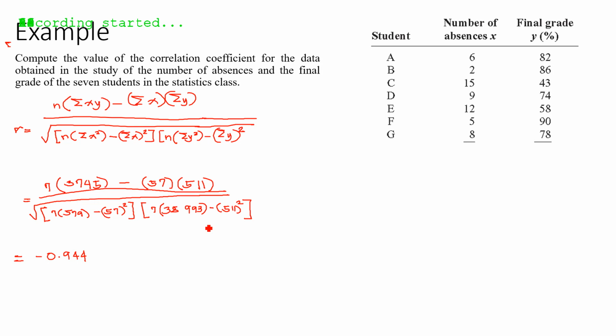This implies that as the number of absences increases, the final grade of the student decreases. Likewise, as the number of absences decreases, the final grade of the students in the statistics class will increase.